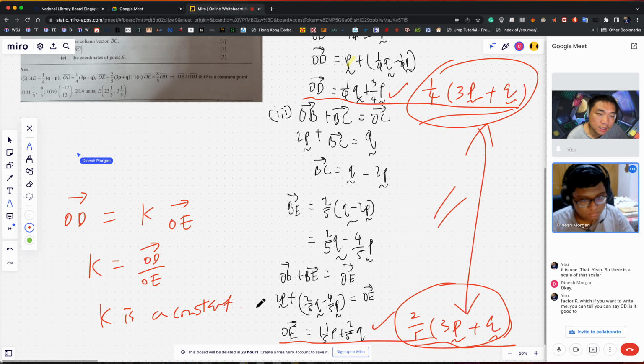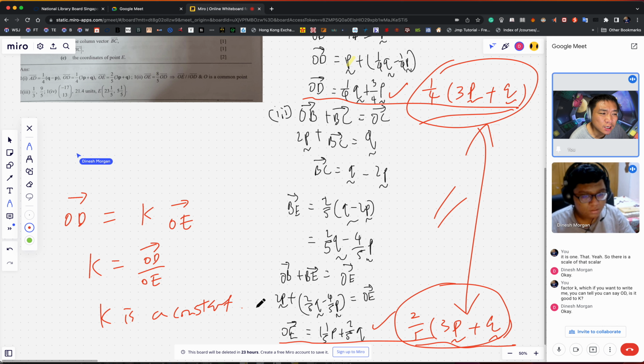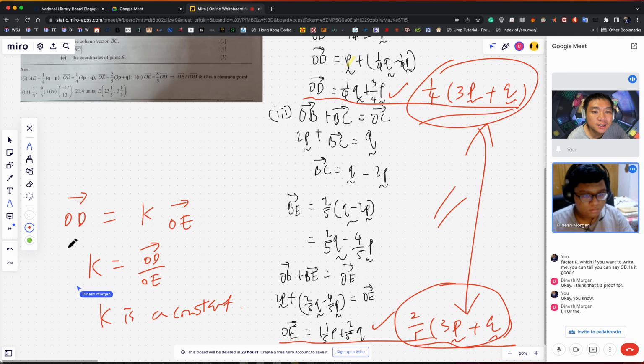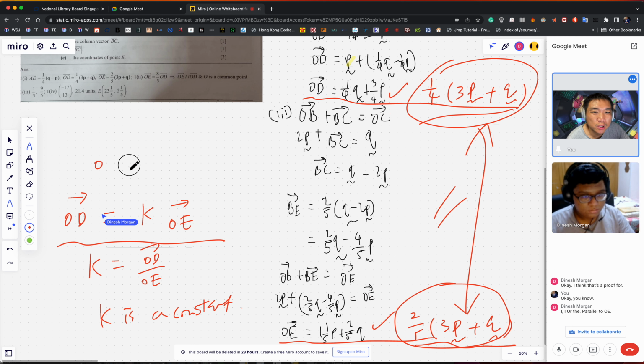I think most likely they will ask for a proof. So basically, they will ask you to prove OD and OE are related, or they will ask what is the relationship between these three points.